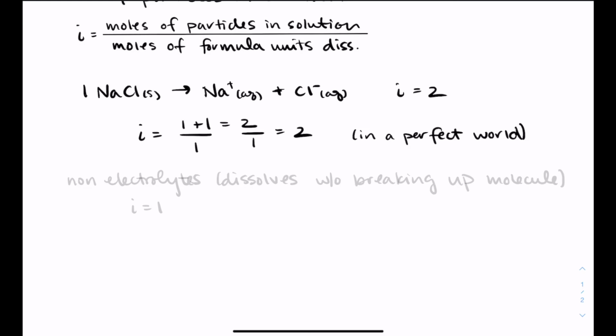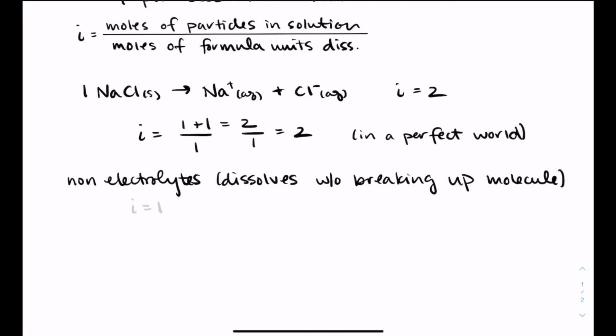So if you need to come up with the i factor on your own to put into the equation to solve for the answer, then you can assume that it's a perfect world. Otherwise, the question will be asking you to find the i factor for the solute based on the outcome of the solvent properties.